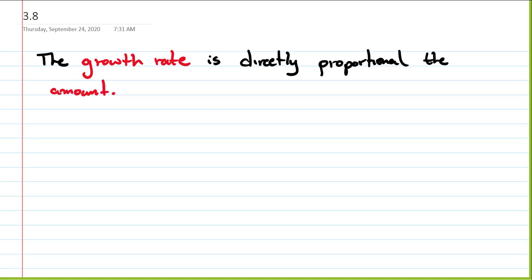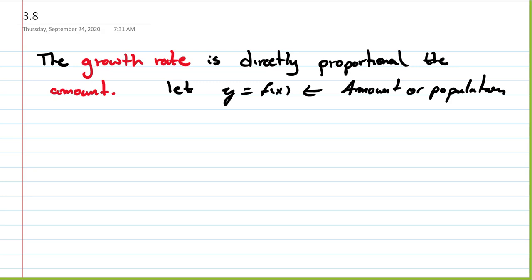So if we let y equals f of x be the amount or population or whatever you want to call it, our differential equation is going to have the form, so our growth rate would be dy dt, because that's our slope, or dy dx in this case.